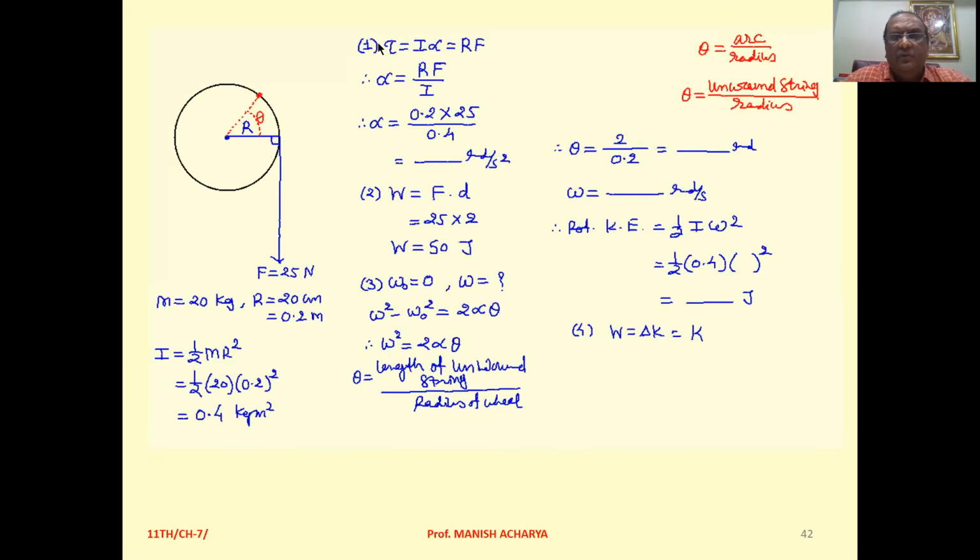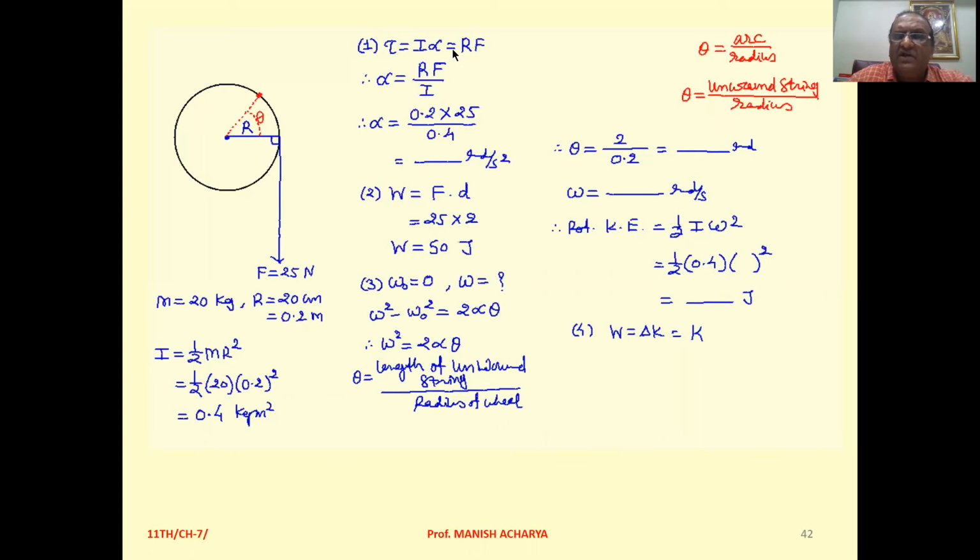Now we discussed torque tau equal to I alpha. This equation we derived. And as per definition, torque is force into perpendicular distance from the reference point. So force is F, and this perpendicular distance is the radius of the disc.